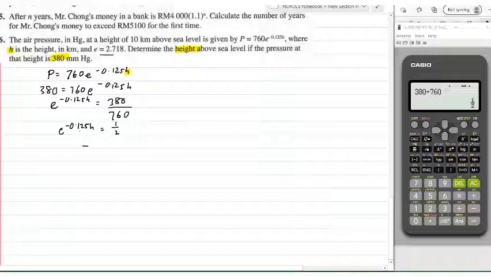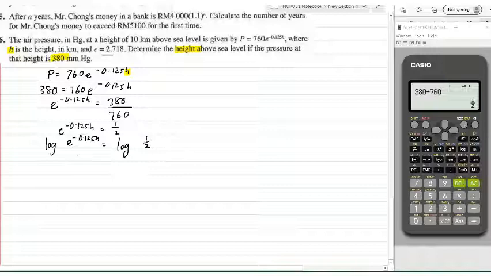Log for what base? We also have to be careful. We put log at both sides: log of 1 over 2 on the right side, and log of e to the power of negative 0.125 h. How about the base? Normally we put base 10.